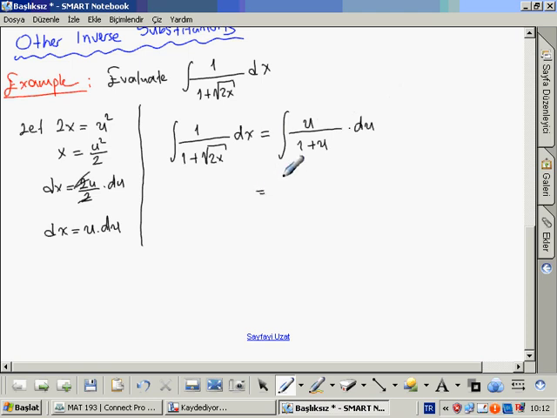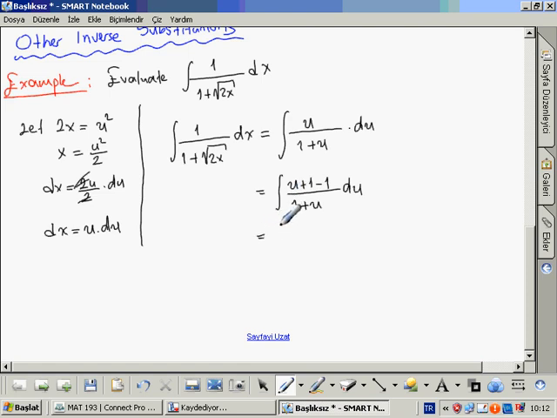Now, the integral of (u plus 1 minus 1) over (1 plus u) du. As you see, I have just added 1 and subtracted 1, so nothing will be changed.